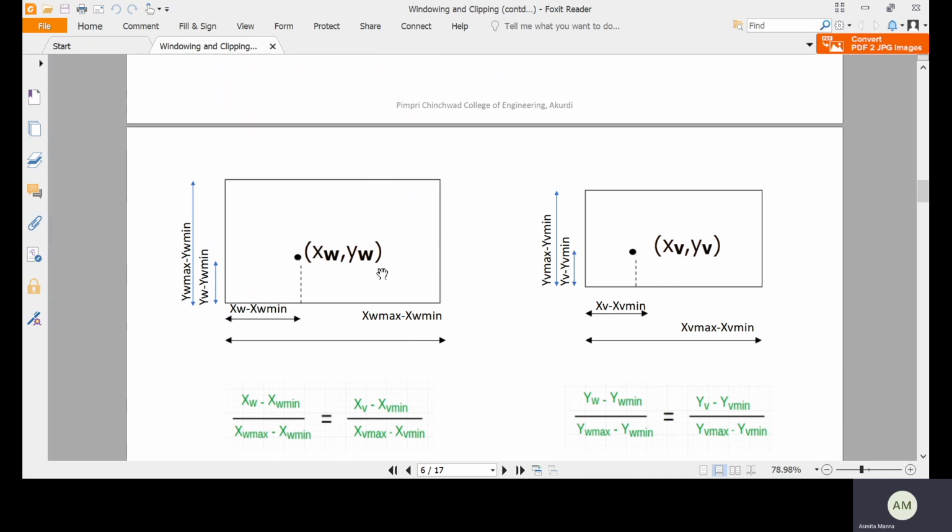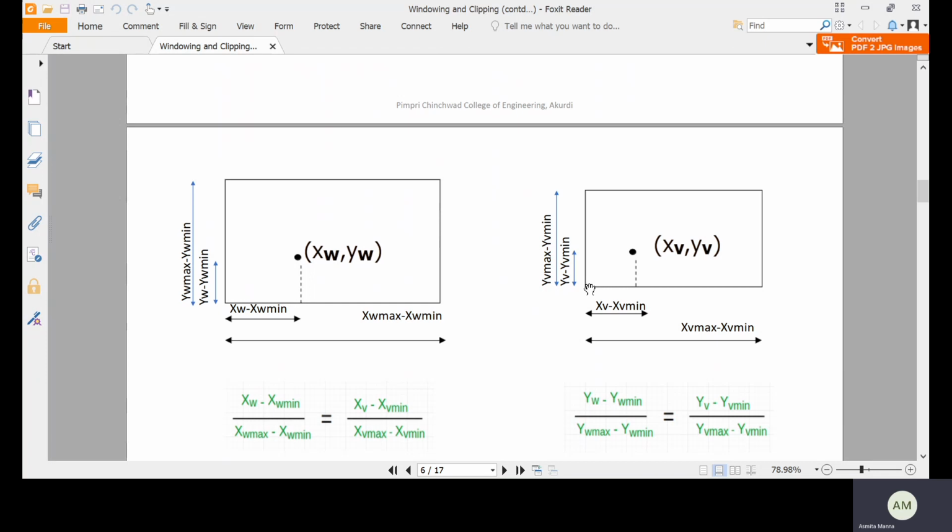Suppose this is my window and this point is xw, yw. And this point is xw min, yw min, the bottom left point. And the top right point is xw max, yw max. Similarly, this is my viewport.